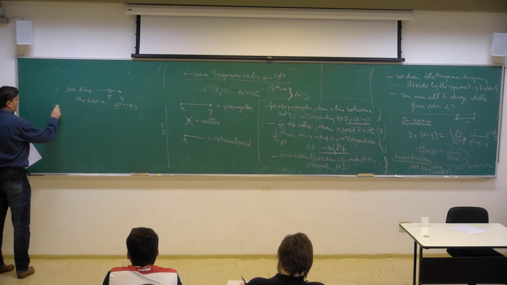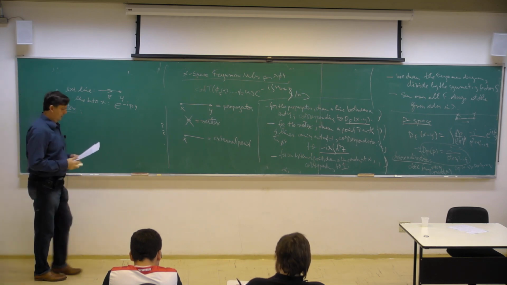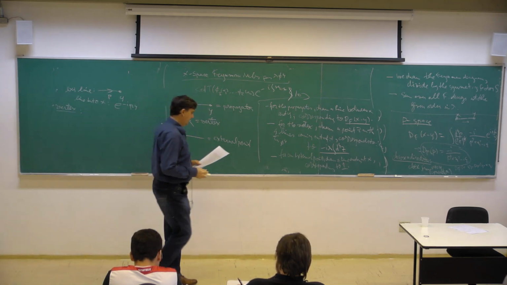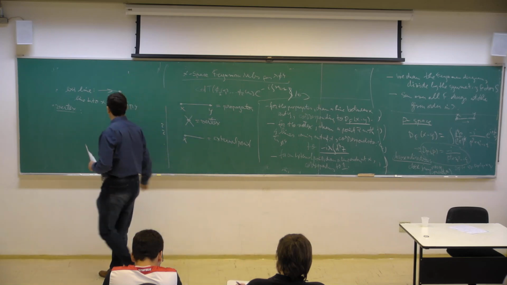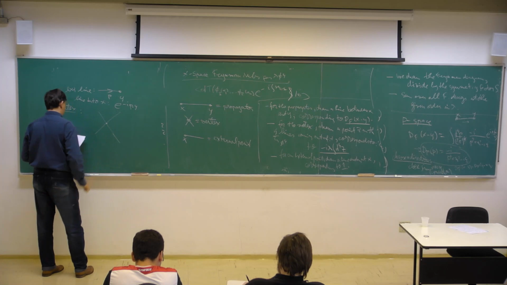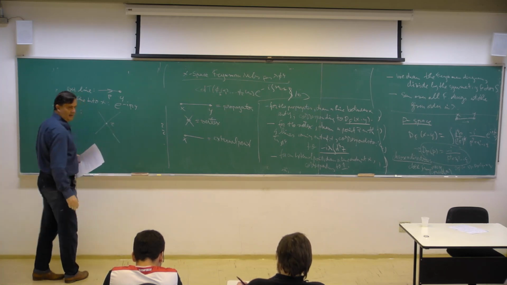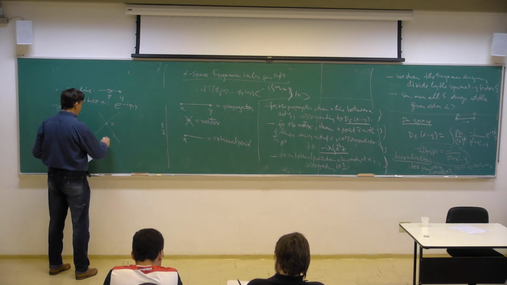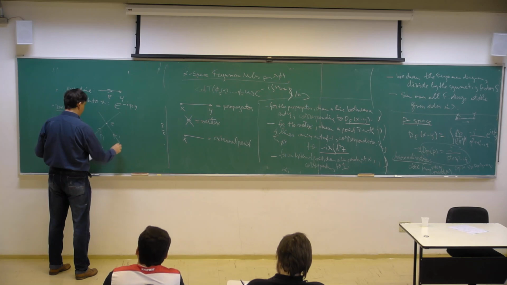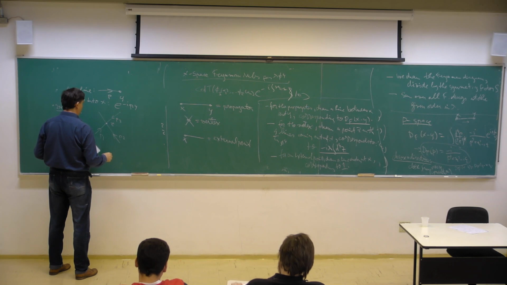And then, what about the vertex? Right? So, I have a point Z, and let me assume that I have P1 going in, P2 going in, P3 going in, and then P4 going out.